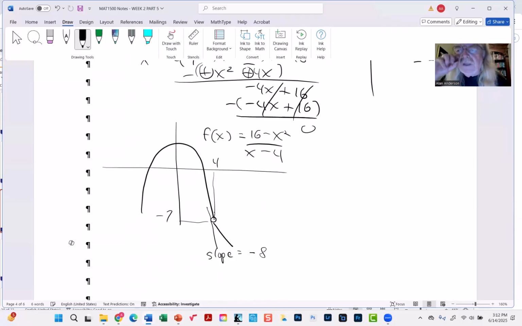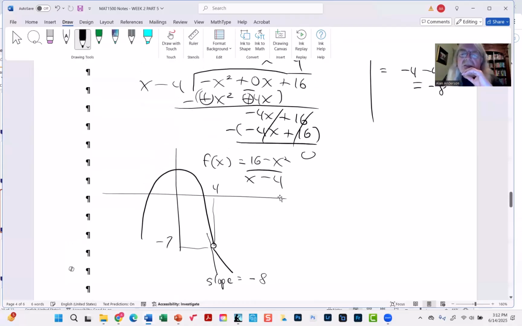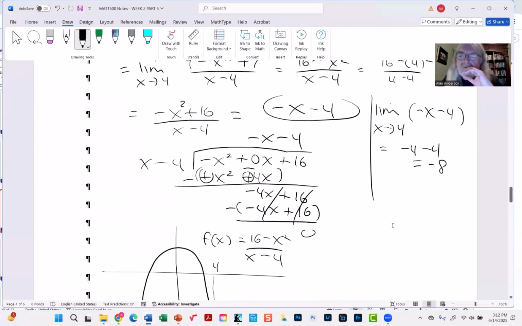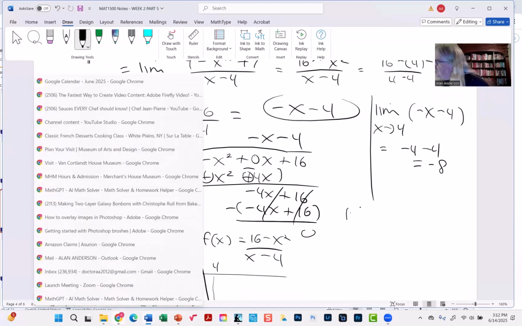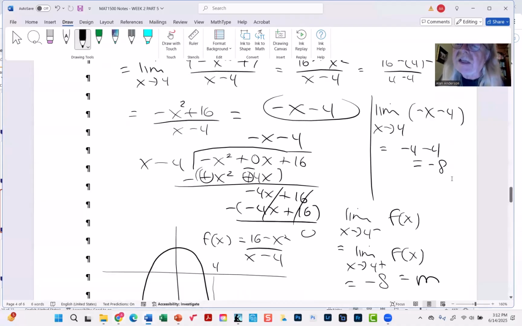Now, of course, we know that there's a hole here, but the limit still exists because as we get closer from the left and closer from the right, we're still approaching the same point. Okay, so the limit is -8. It's -8, and that's the slope of our tangent line. So the final answer is -8.